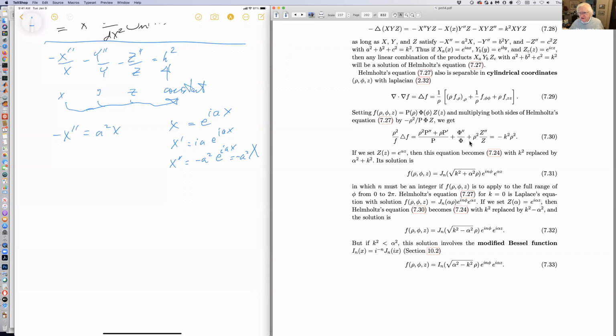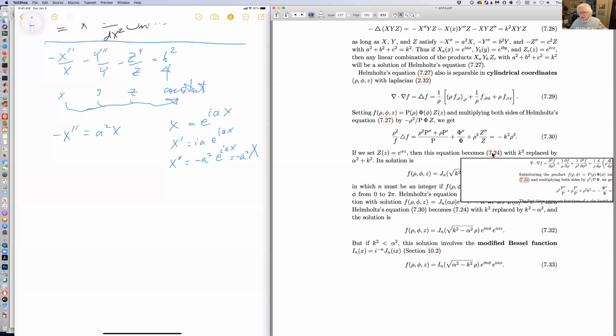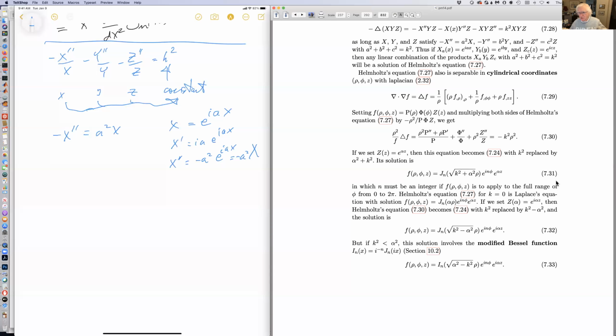What we have left after this is a constant, we can then divide through by rho squared. And what we get is something in rho squared equals a constant. And that then becomes this earlier equation, which was the lead up to Bessel's equation.